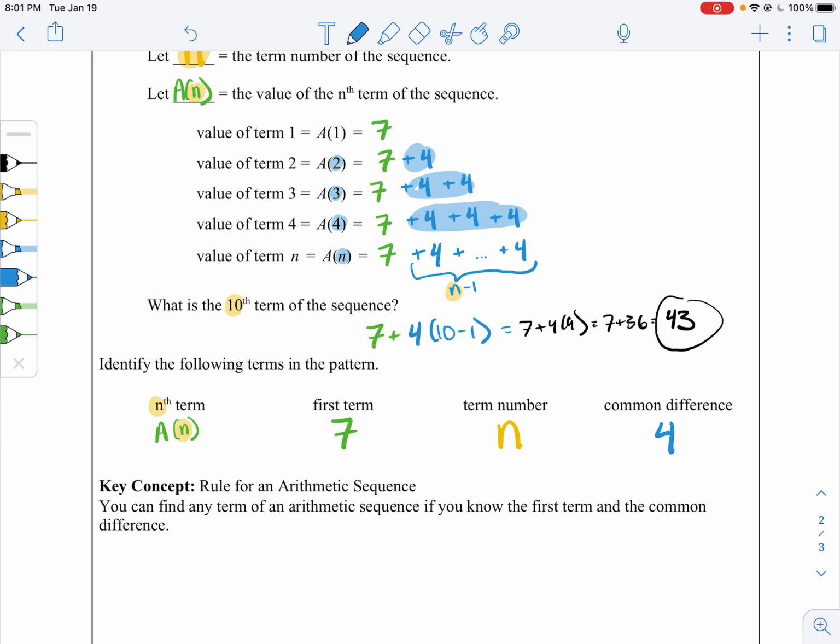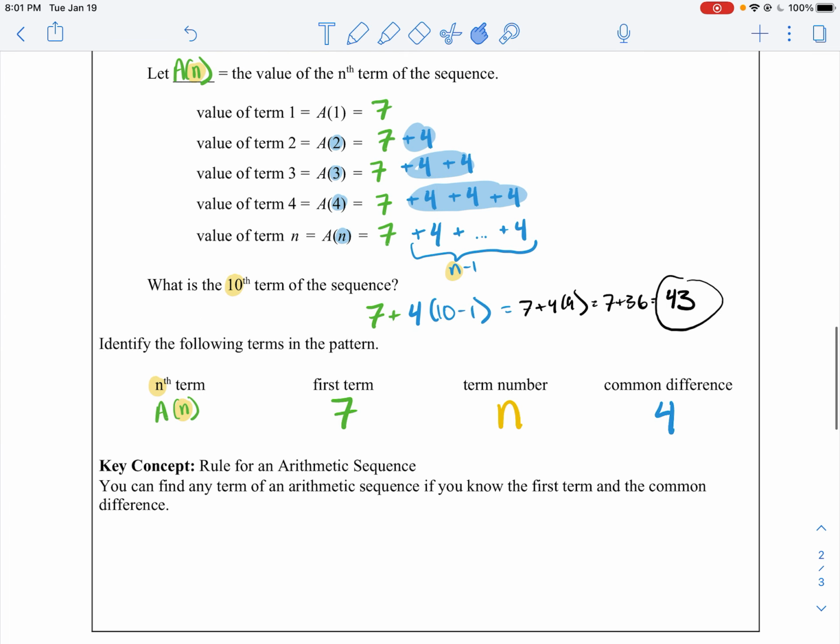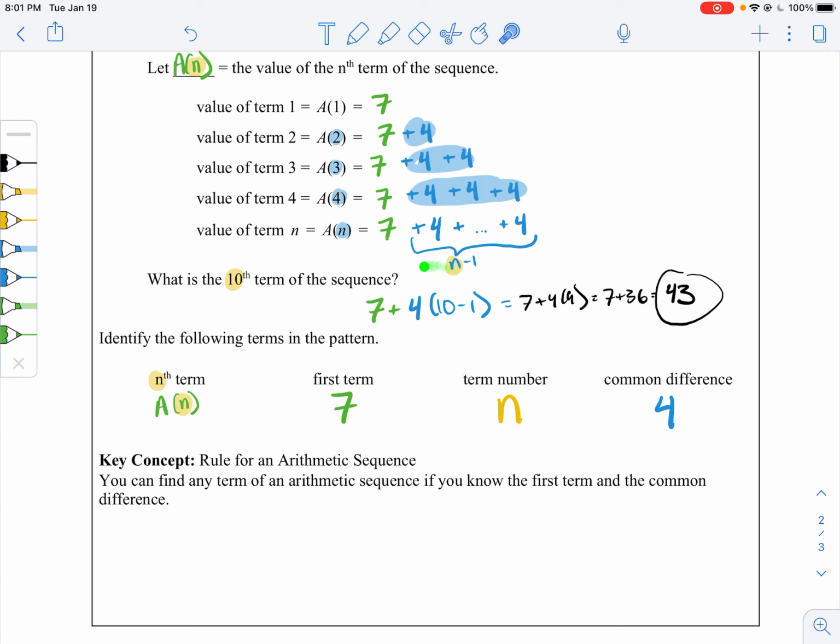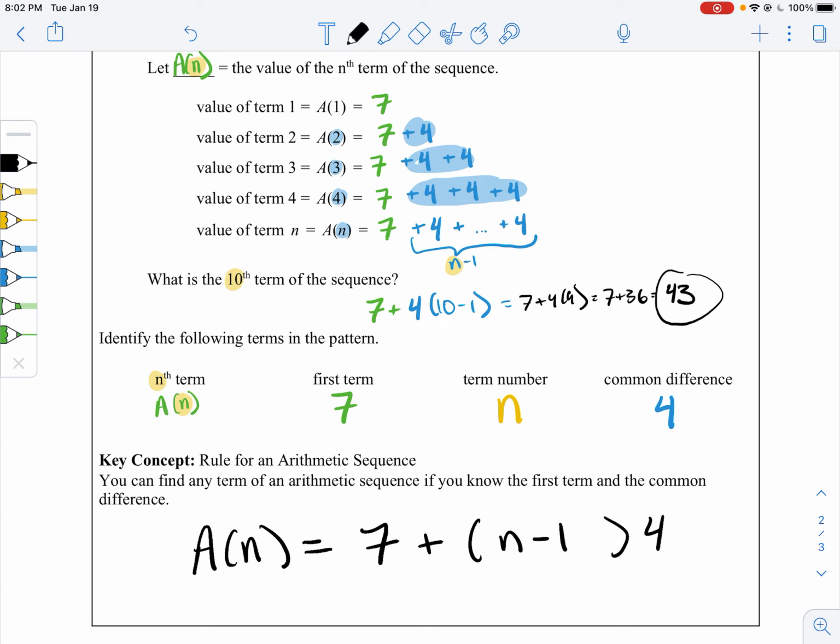So what pattern did we find? How did these values fit in here? Well, we wanted to find our a of n. We said that's equal to whatever our first term is, and then we added our common difference, which was 4, n minus 1 times.